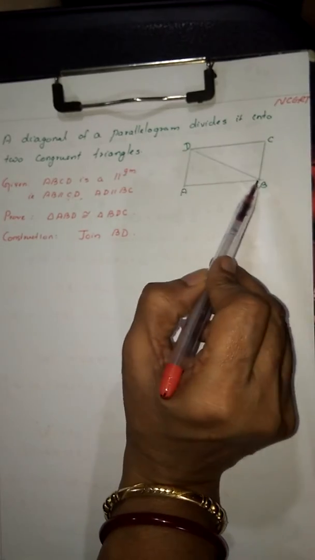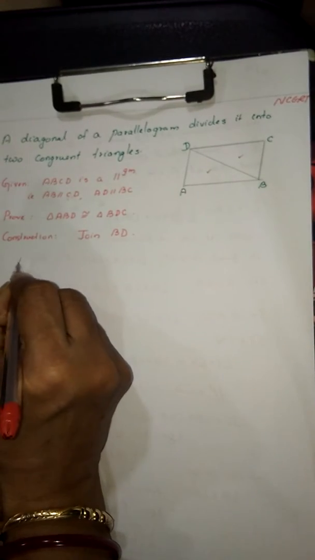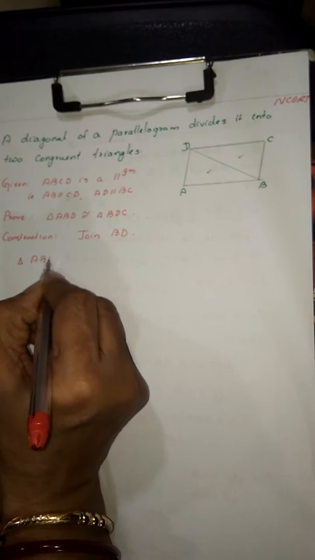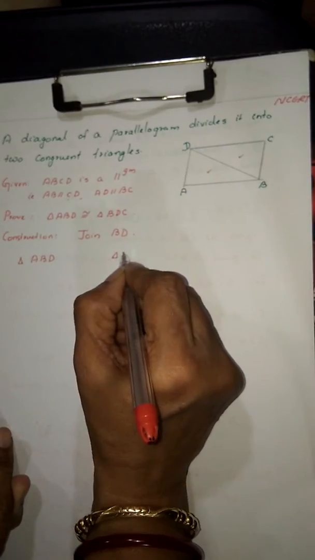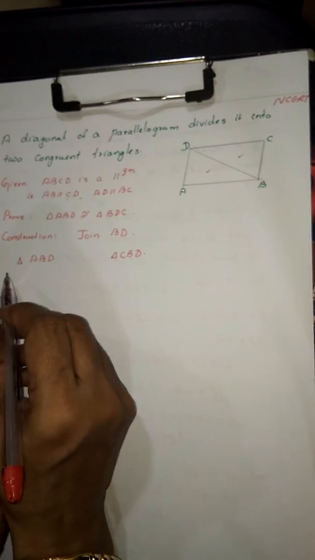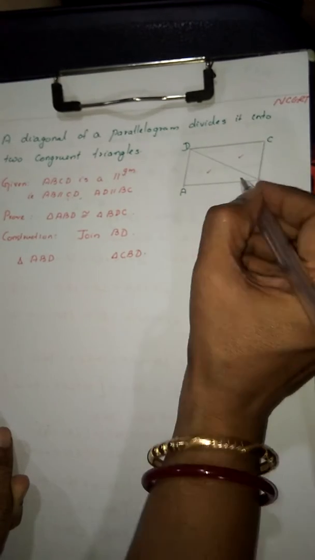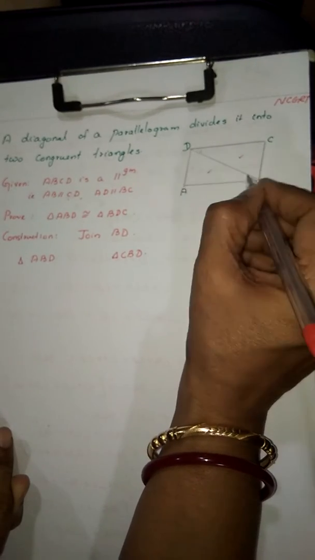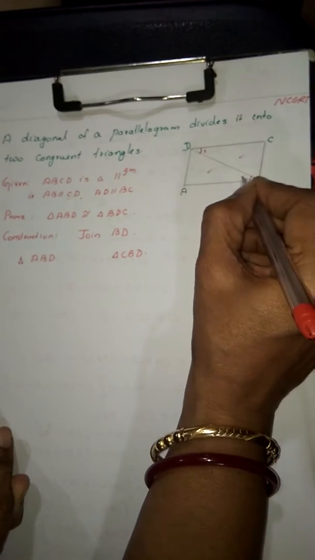For this, we will join BD and consider the two triangles ABD and CBD. We start writing. We have AB parallel to CD. From that, these two angles are alternate angles. We will call them angle 1 and angle 2.